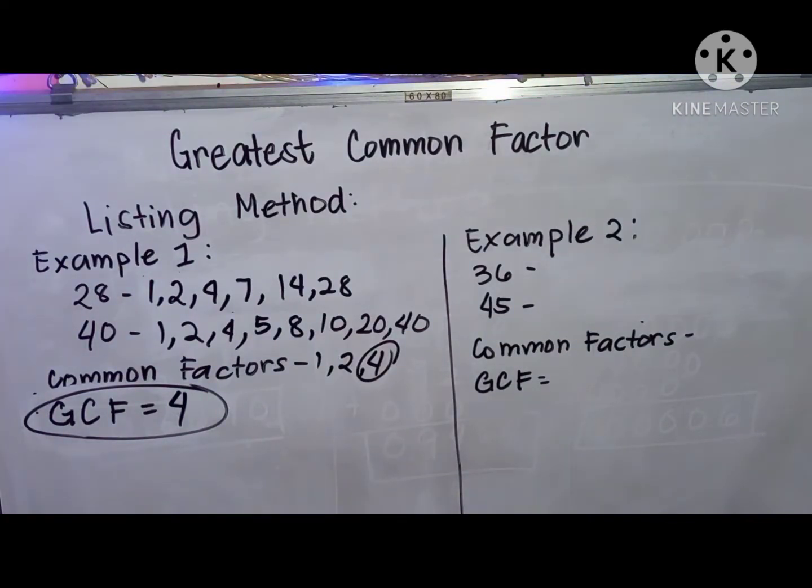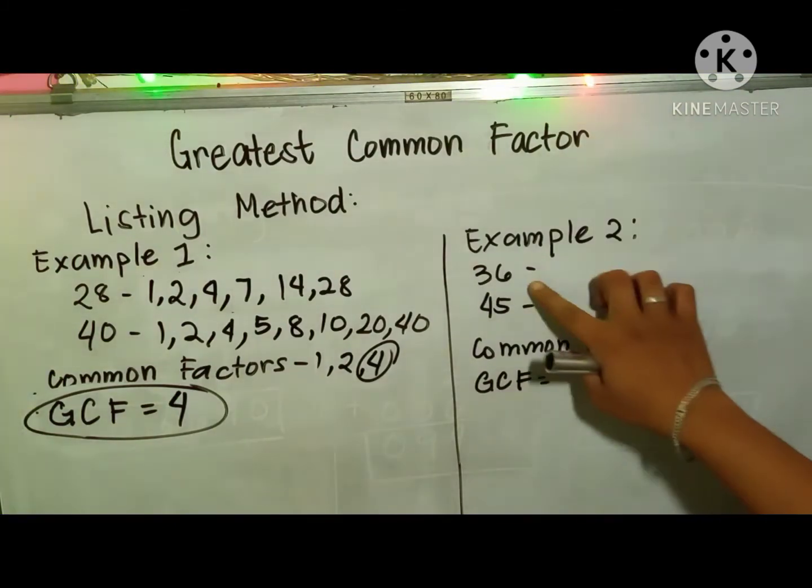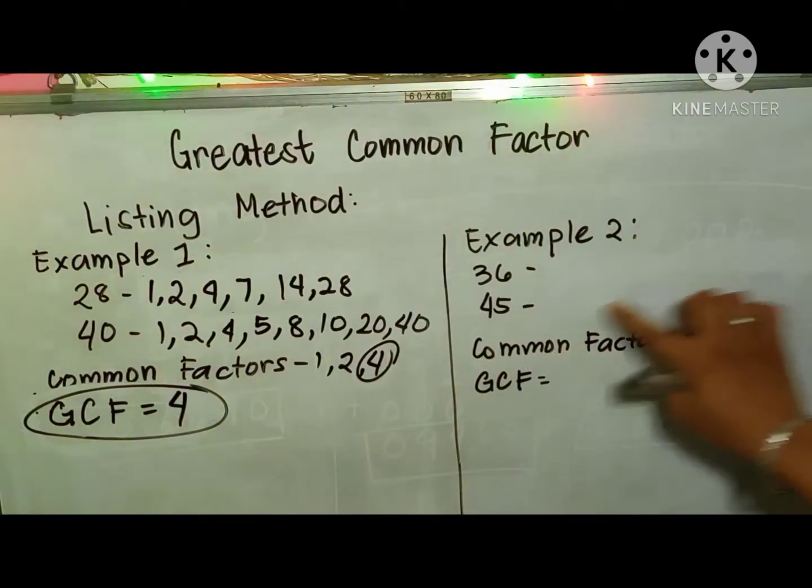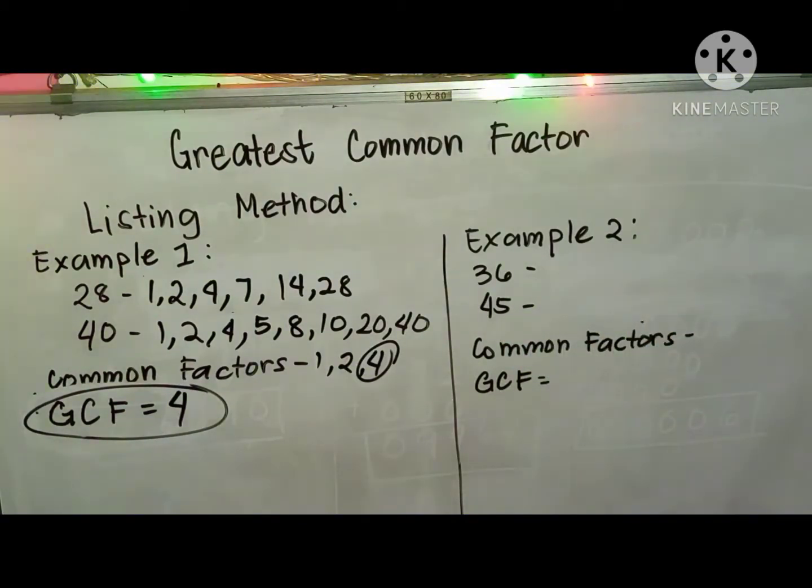For the second example, we are going to use also the same method, the listing method. Again, the first step is to list all the factors of 36 and all the factors of 45. Dun muna tayo kay 36. Anong numbers ba ang pwedeng i-divide kay 36?